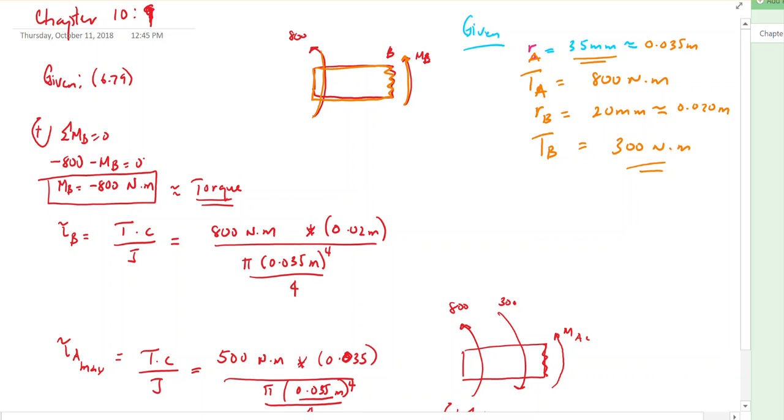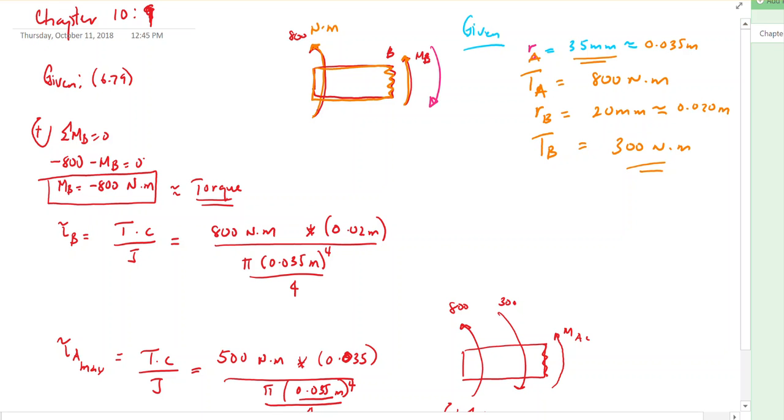And this is my 800 Newton meters. So when I do the math, I'm going to get my moment of the torque at B really is negative 800. All that means is that I should have chosen this direction.